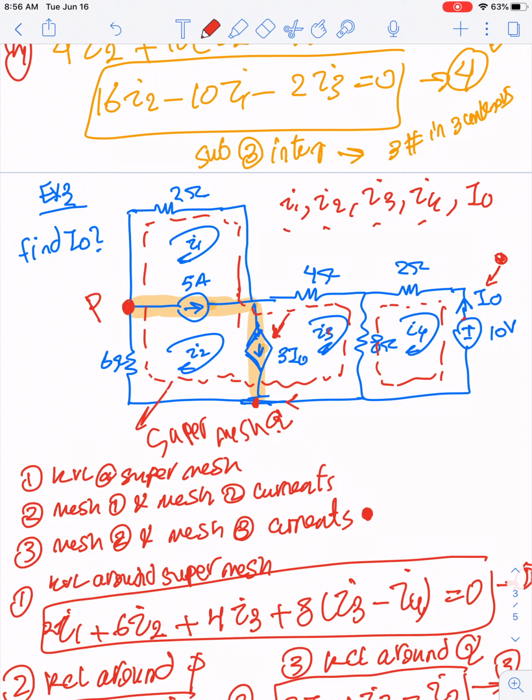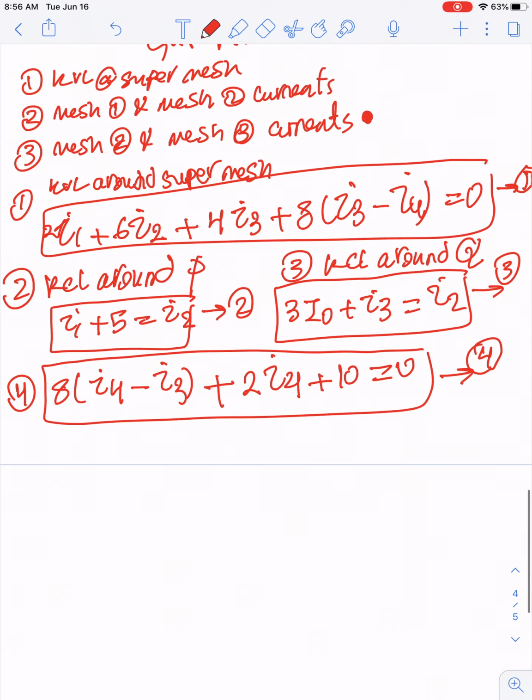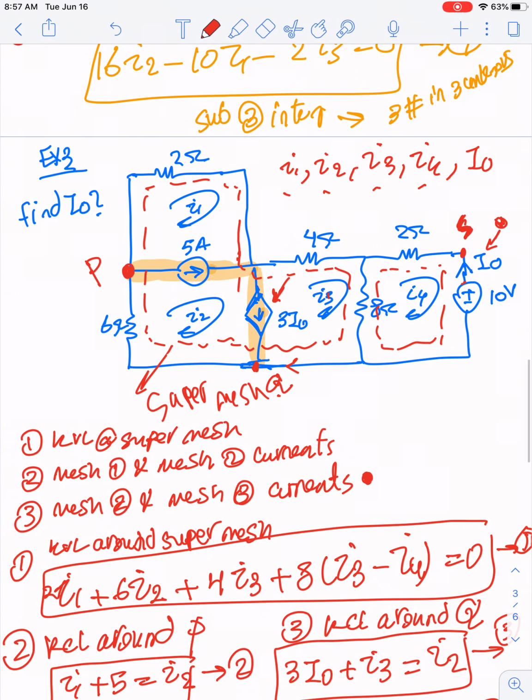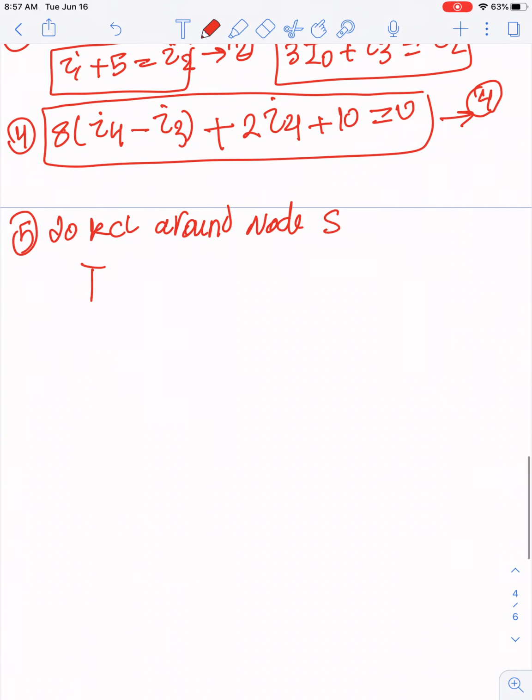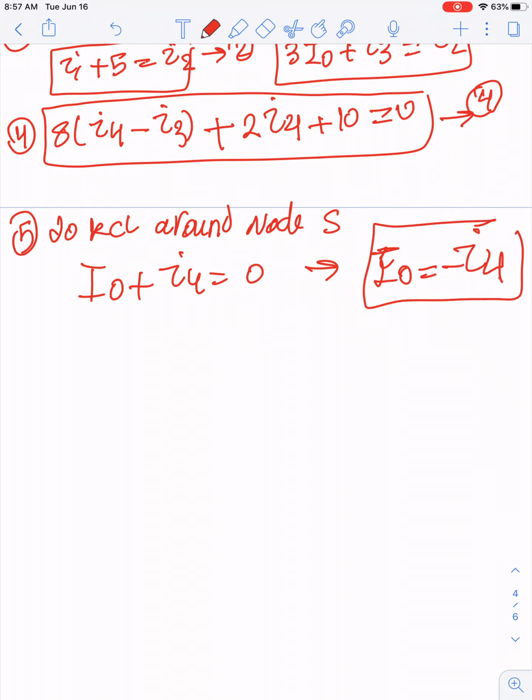I will pick a node, let's say node S, and I will do KCL around S. So doing KCL around node S, IO is flow in, and also I4 is flow in. So IO plus I4 is equal to 0. This gives us IO is equal to negative I4. So this is equation 5.